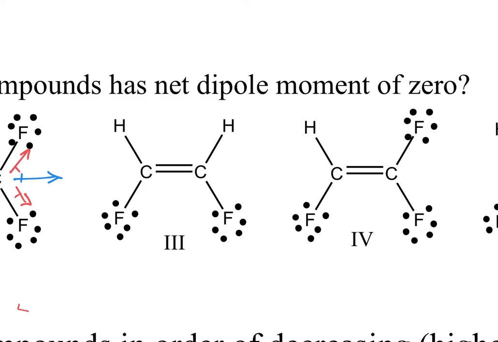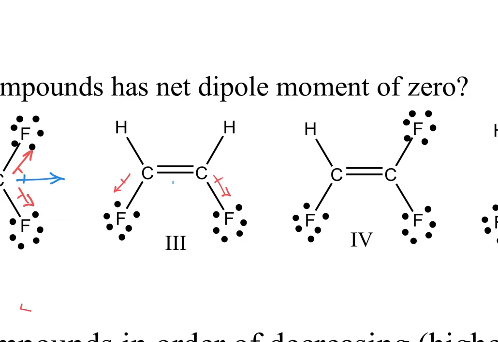3, you have down and to the left and down and to the right. And I'm going to try to be consistent with my colors. The individual bonds will be in red. The net dipole moment will be in blue. And so it'll just be down. The left and right parts for those bonds cancel out.